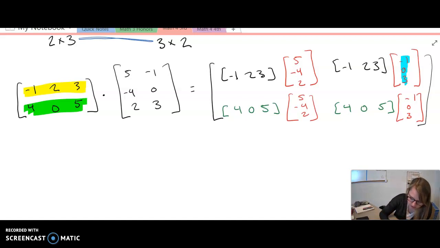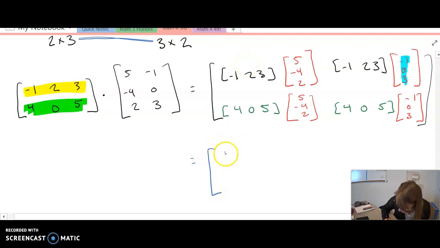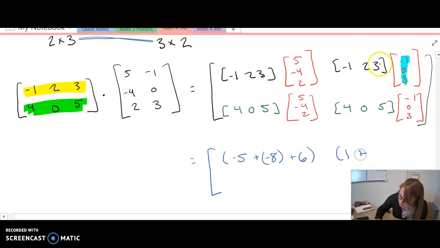So we're going to do negative 1 times 5, which is going to be negative 5, 2 times negative 4, which is going to be negative 8, and then we're going to have 3 times 2, which is 6. Then our next one, negative 1 times negative 1, is going to be positive 1, 2 times 0 is 0, 3 times 3 is 9.